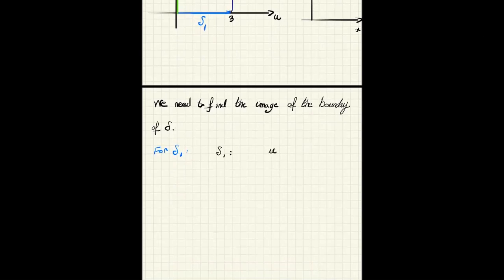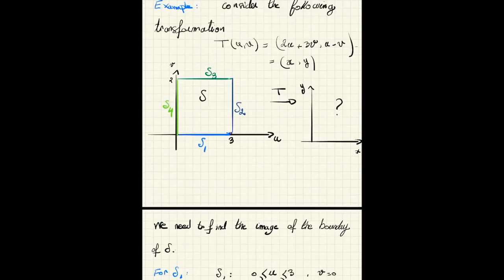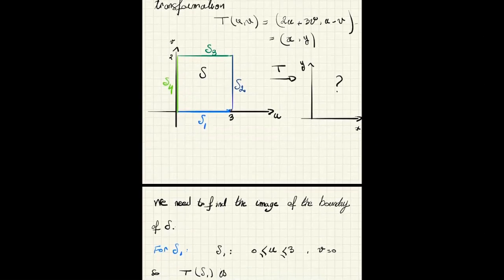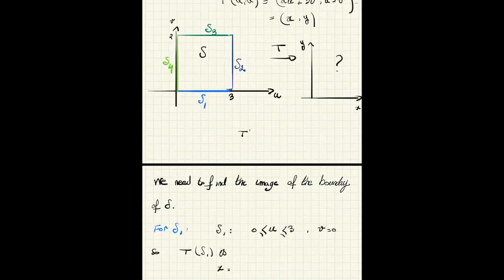U is between 0 and 3, and V is equal to 0, right? So that's U. So T of S1 is, now we apply, X is T of U. Remember T of U is 2U plus 3V, U minus V, right?